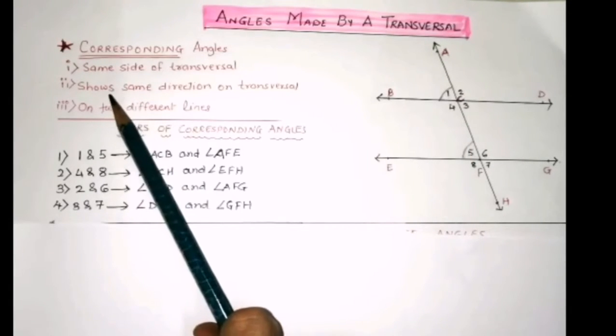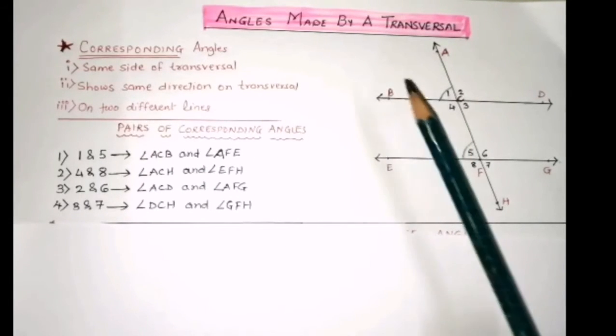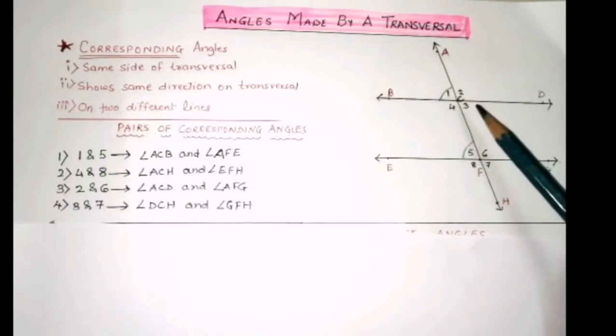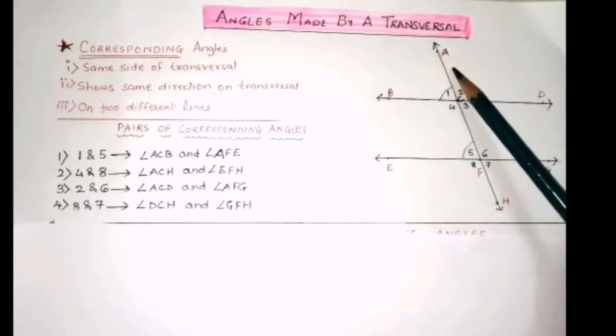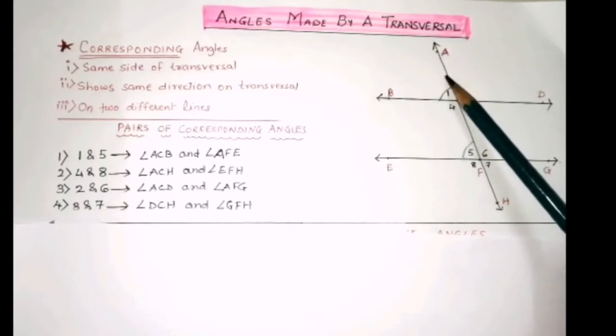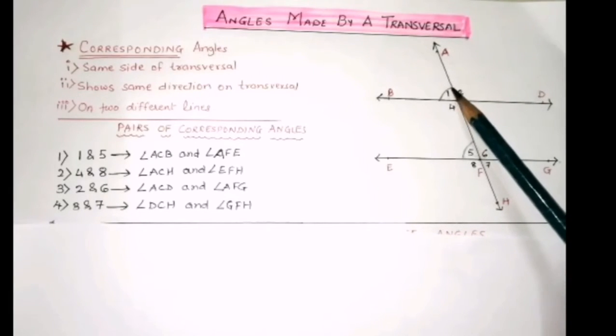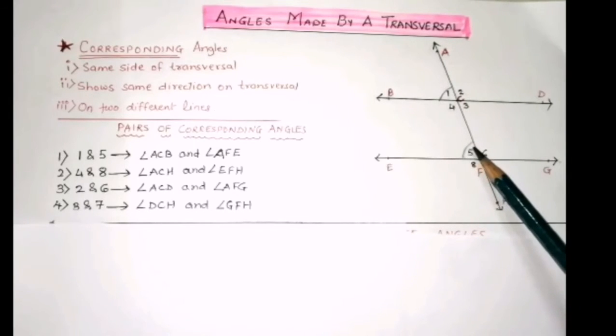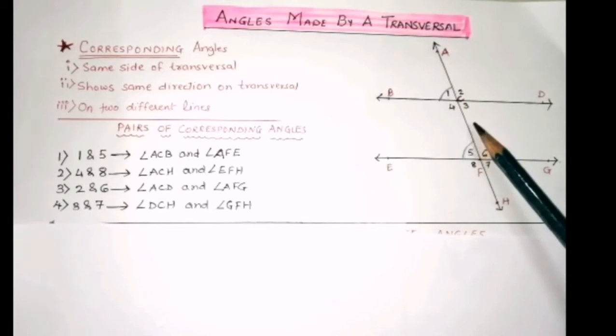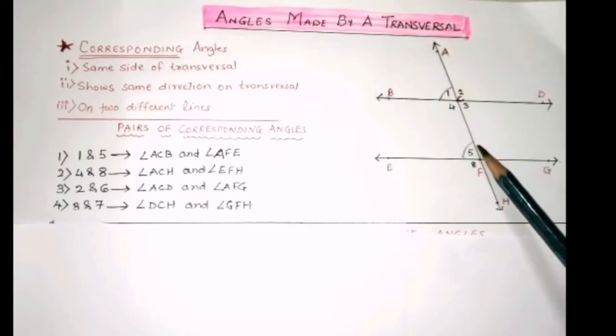Second point, they show the same direction of the transversal. So let's check. Angle ACB, its arm on the transversal is AC. It shows this upward direction. Angle number 5, its arm on the transversal is this one, AF.